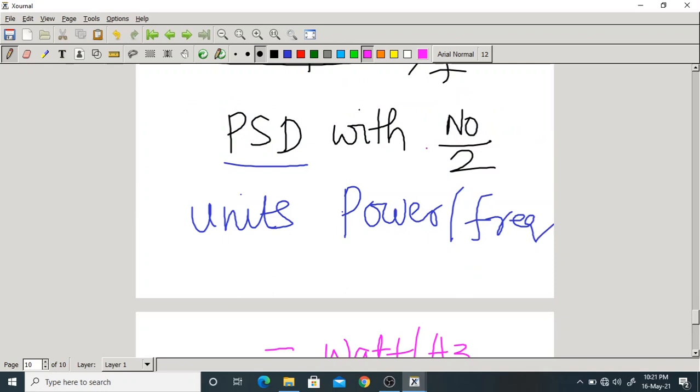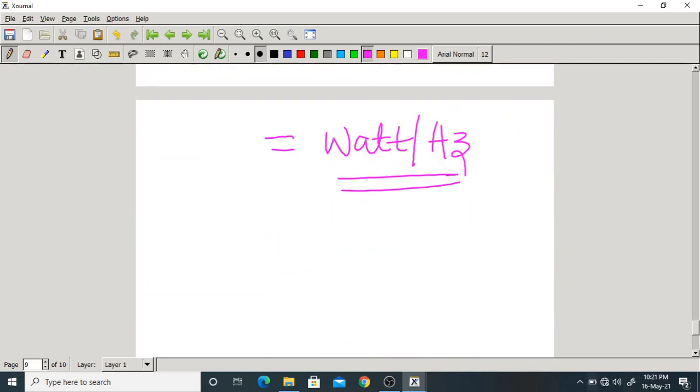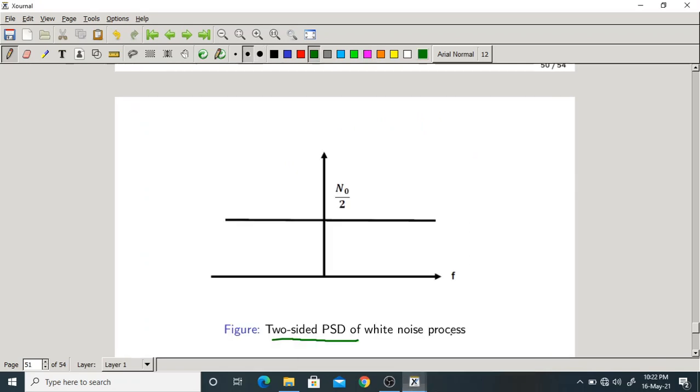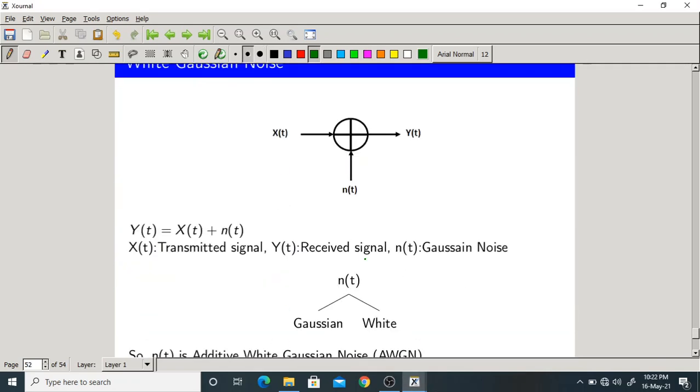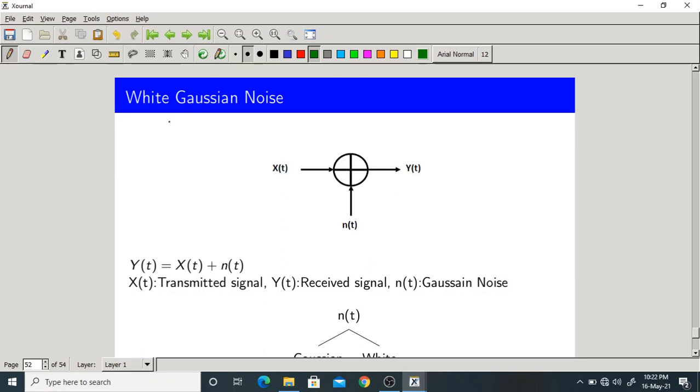They'll give you this value of N naught by 2. So white is white when it is called white, and Gaussian if it follows a Gaussian process.